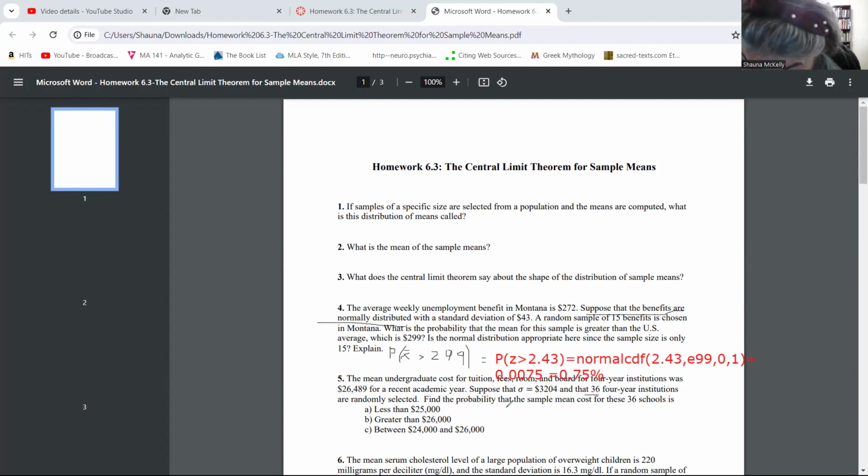Nowhere in there did it say that that group was normally distributed. Because it didn't say that, the sample size has to be larger than 30, and it is. So you can use the sampling distribution here. Be very careful with those assumptions.